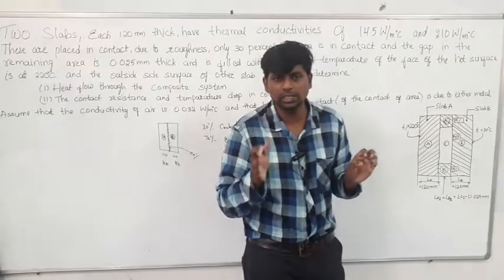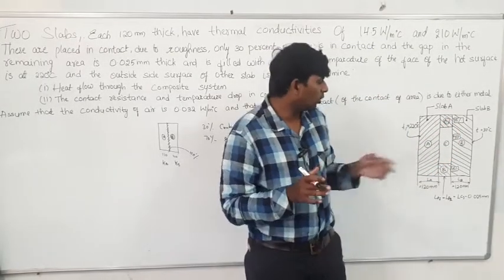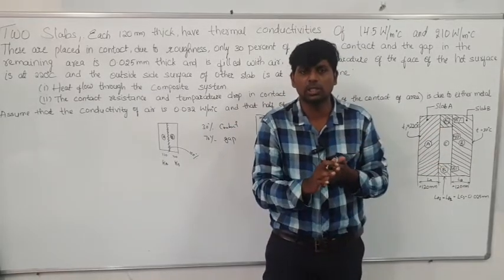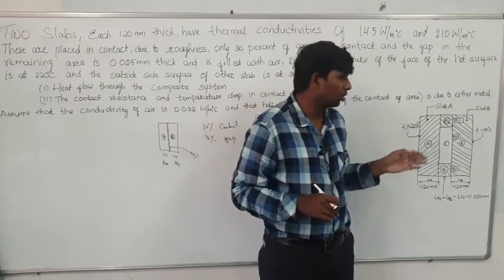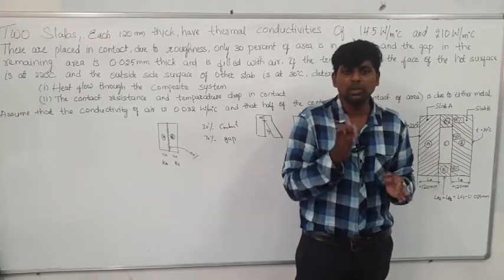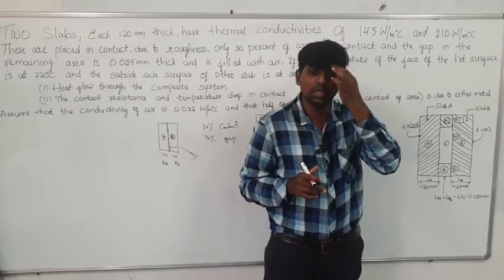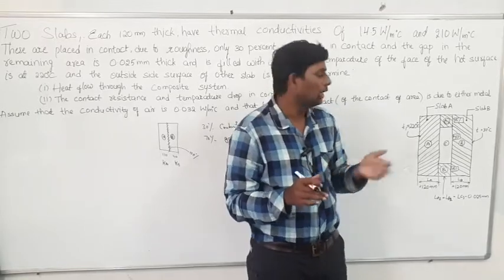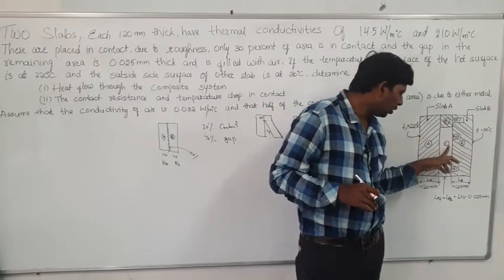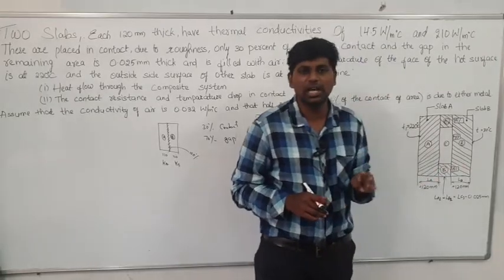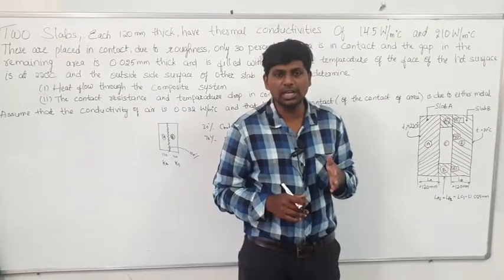I told you in the last section, whenever components are in series, you can't assign the temperature like this, this is 1, this is 2, 3, 4. If it is in parallel only, then you can take it. But here, component A, component A1, component C and component B1, these three components are parallel to each other.